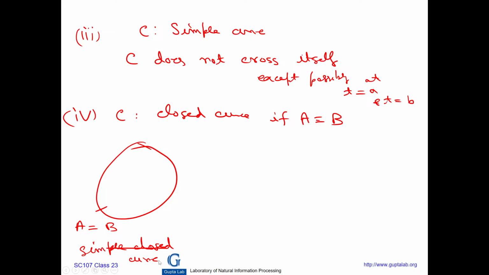If the initial point and final point are the same, I mean they sort of combine, so we get a simple closed curve. So this is a closed curve and a simple closed curve.